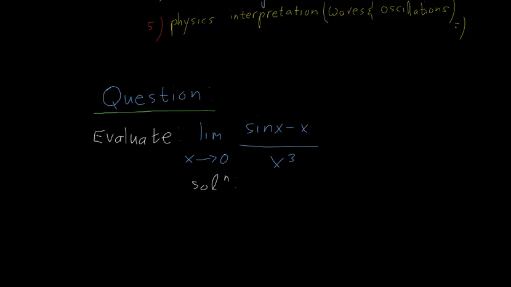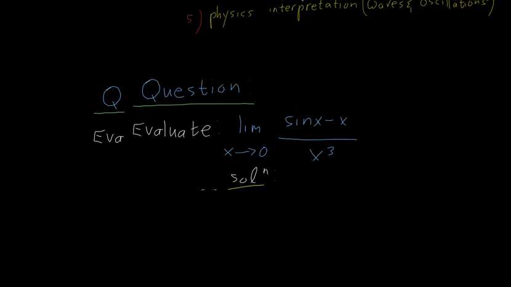L'Hôpital's rule states the following. I'm just going to remind you of a definition that's important. The definition of L'Hôpital says the following: given a function, say the function is called f of x, and another function g of x, you take their ratio, and you take the limit of their ratio as follows.